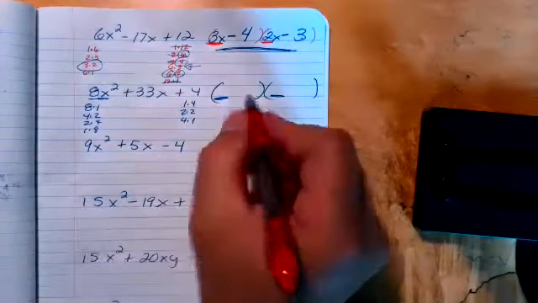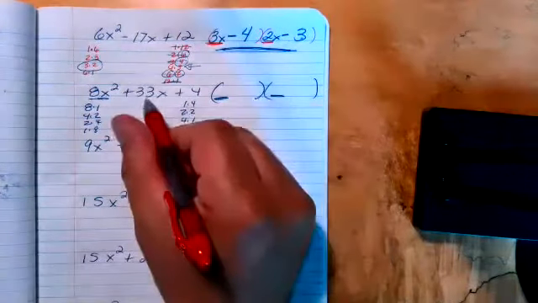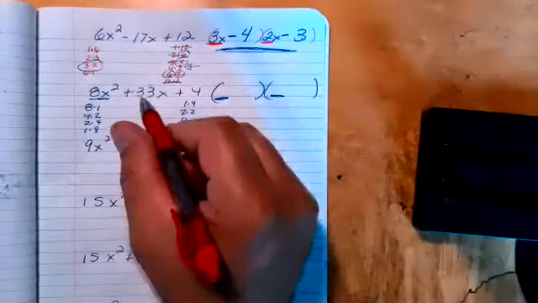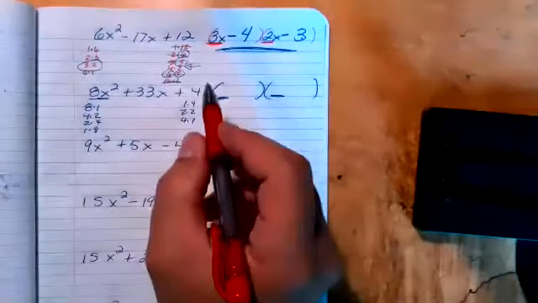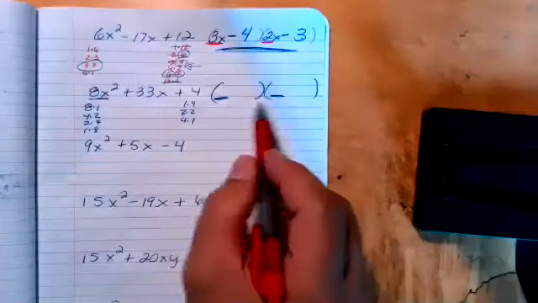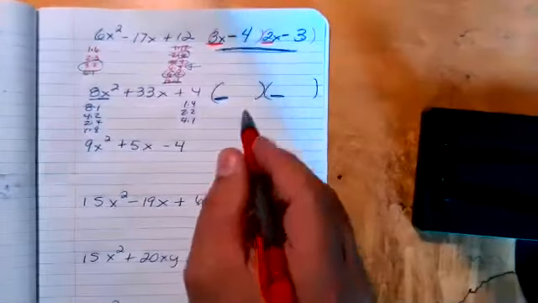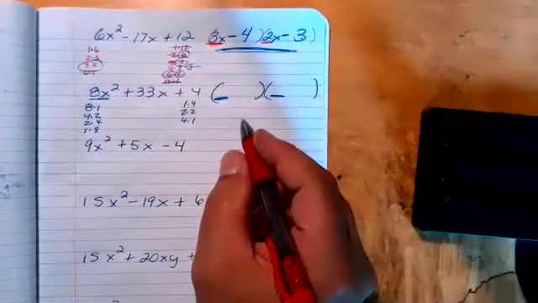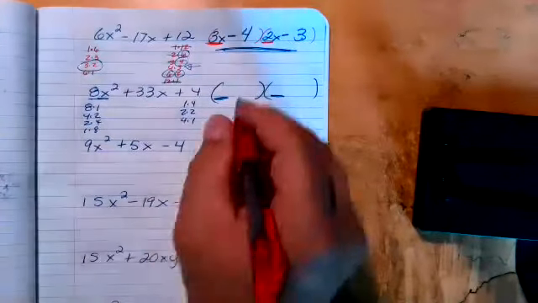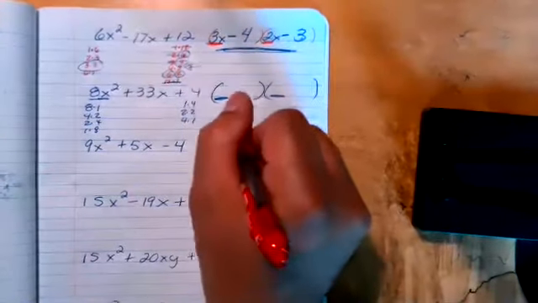Now in this case, my outers and my inners have to give me 33. So this is kind of a large value that regular multiples like 2 and 4, it's going to be tough to get this with my inners and my outers. And since I have a little insight into this problem, I know it's not going to work if I use 4 and 2.